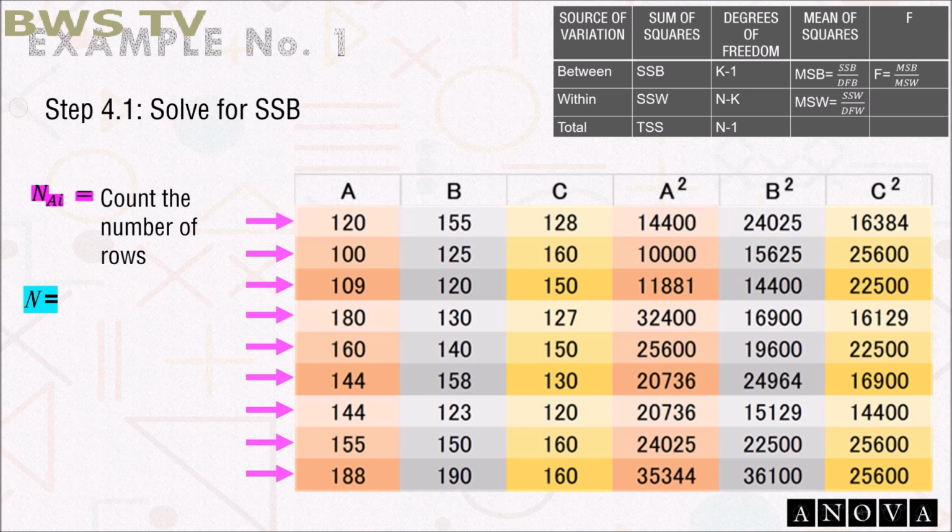Now to get the value of n, all you have to do is to count the number of given columns, excluding those you just added earlier from the first step, and multiply the value with the number of rows. So we have 1, 2, and 3 given columns.